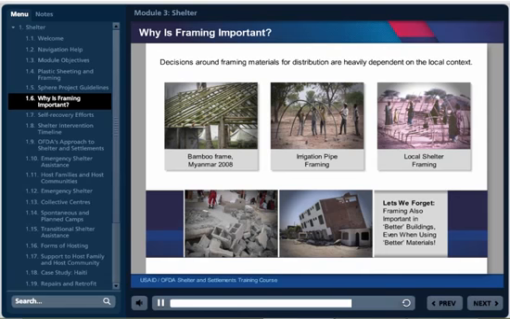Consider also that framing materials can be reused in the next phase of the recovery process, whether for transitional shelter or as a component of their permanent houses. Framing can serve multiple purposes outside of conventional shelter solutions, but also as a means of promoting disaster risk reduction and safer construction practices.